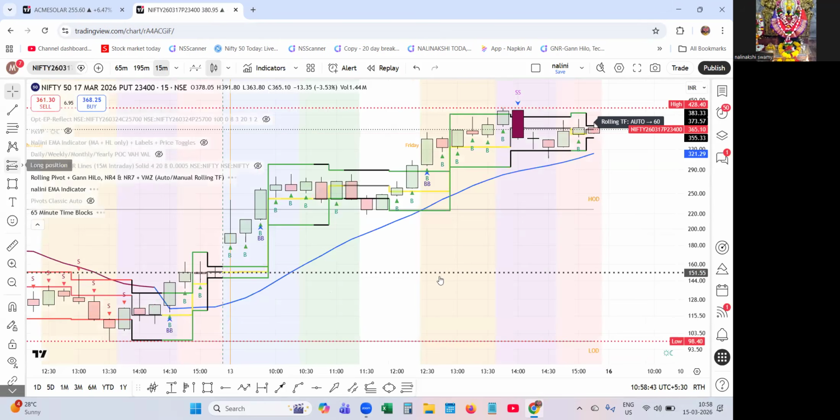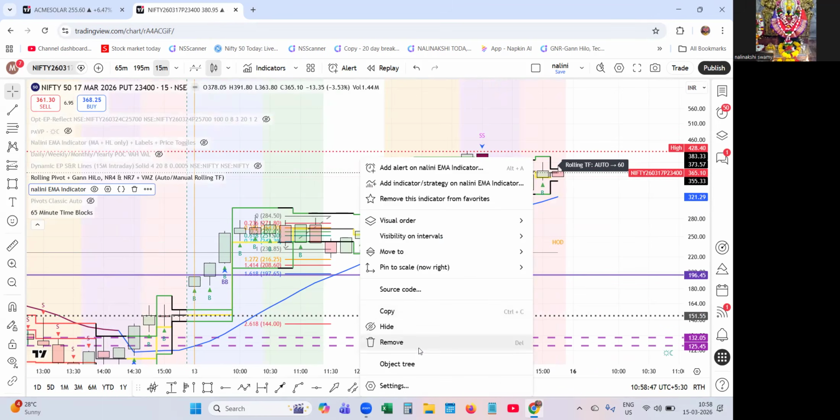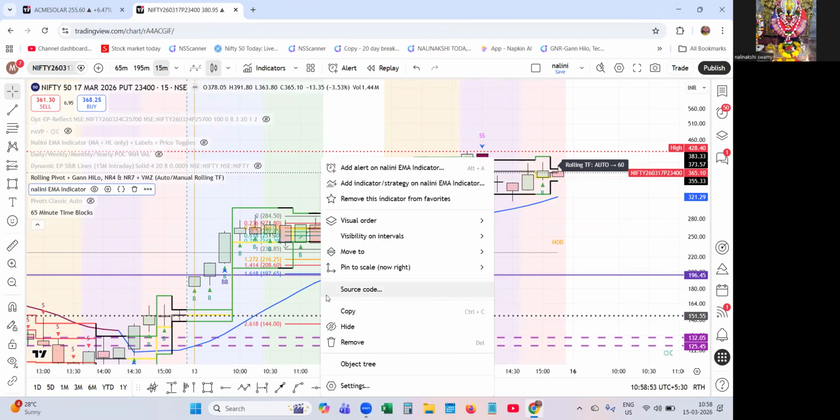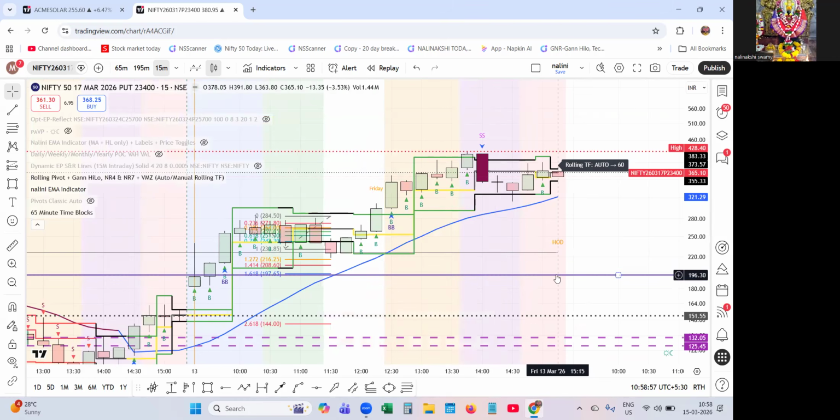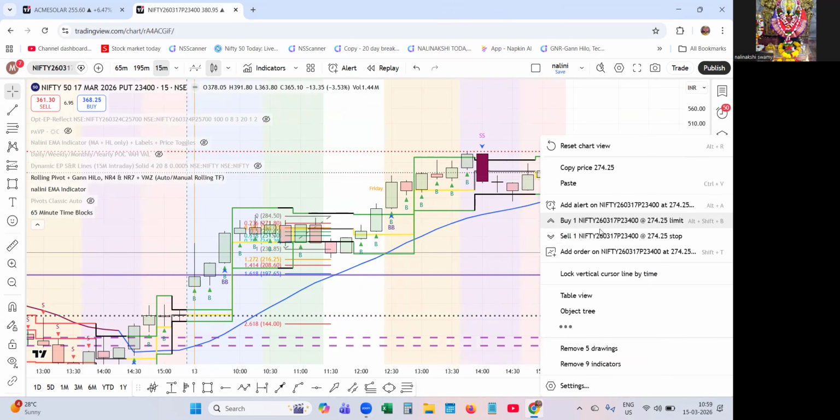See, mid-hour, you can see this. Let me remove the drawings because I had traded on Friday. I'm not able to remove drawings. Let me remove the drawings. Yeah.